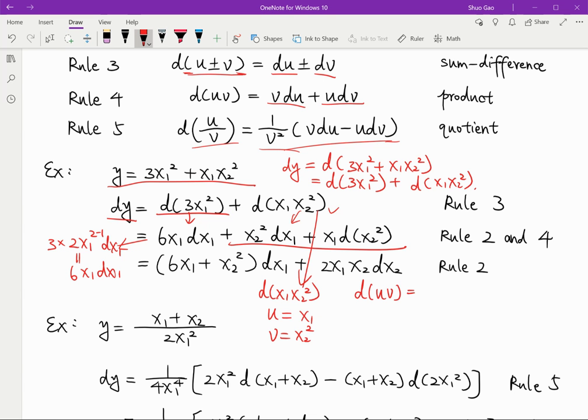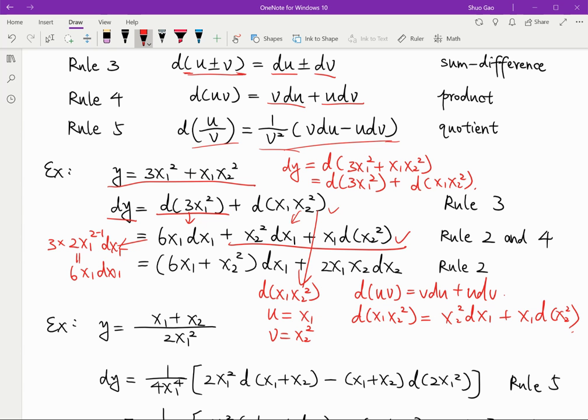So d(uv) equals v du plus u dv, right? So d(x1 x2 squared) equals x2 squared, this is v, times du, where u is x1, plus u, which is x1, times dv, and dv is just d(x2 squared).